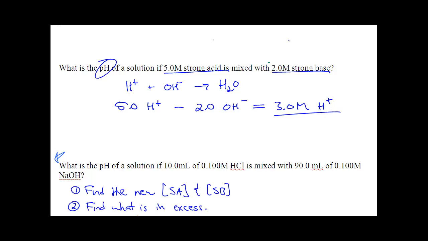Okay? This question wants us to solve for pH. Well, pH is negative log H3O plus or H plus. So negative log of 3.0 is our answer. I don't have my calculator here, so just do it and fill that in. Nothing fancy. Let's do the harder of the two.